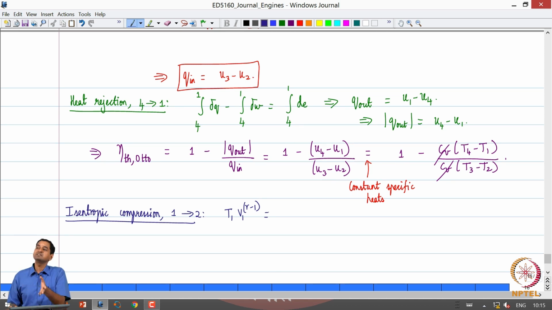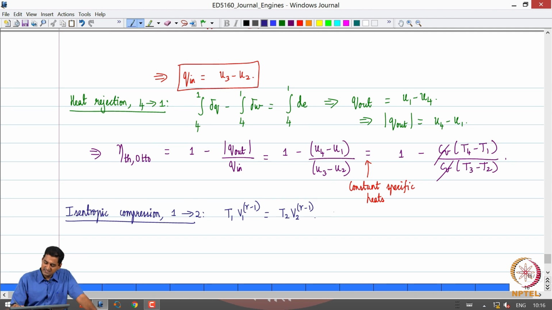Using the ideal gas equation of state along with that, we can rewrite it as TV^(gamma minus 1) equals constant. So I can write T1 V1^(gamma minus 1) equals T2 V2^(gamma minus 1). This is the process relationship that governs the isentropic process.